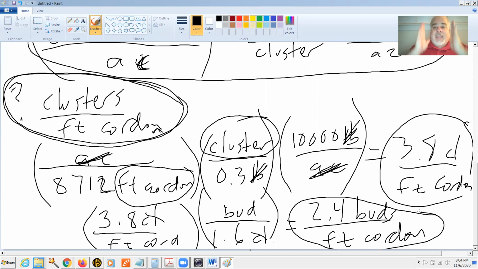Now I took into account this time, it's a double cordon, so each one of those cordons gets 2.4 buds per foot. Each one. So down my row, I actually have 4.8 buds per foot of row because each row in my block has double the cordon length. Double cordon, all right?